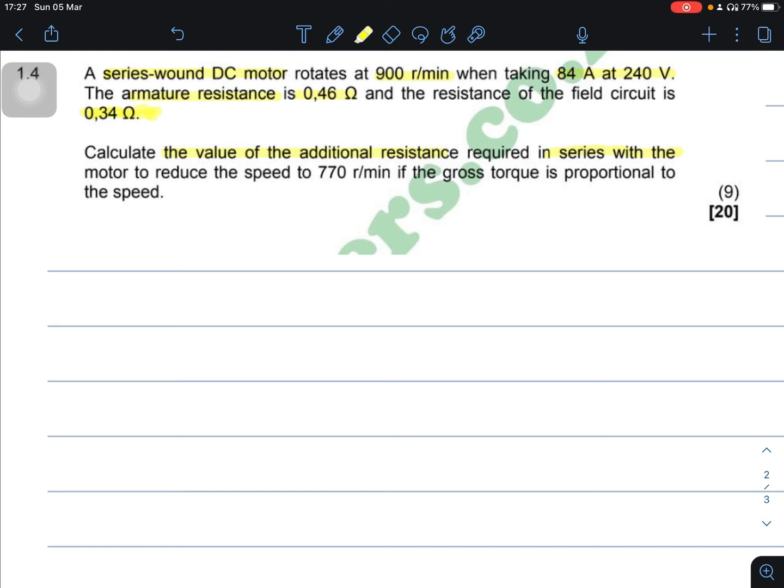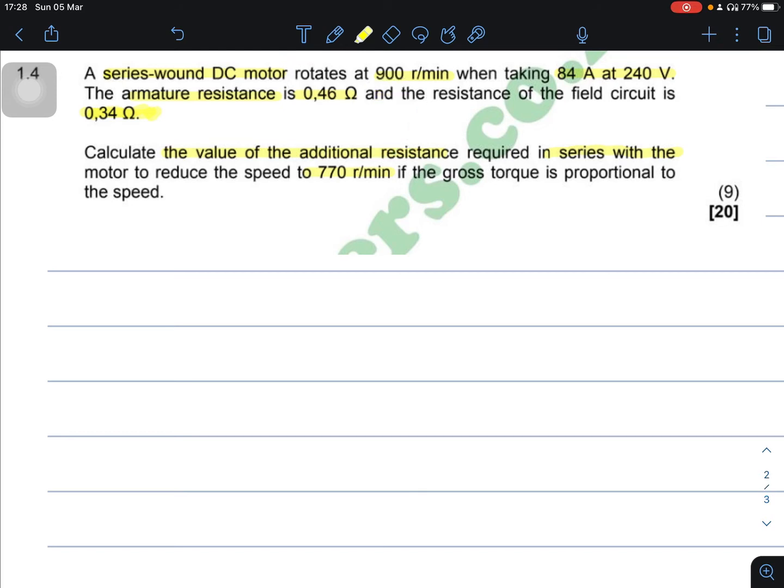Remember the circuits that I drew for you in the first video, Electrotechnics N6. I've said that if you want to reduce the speed of a DC motor, you connect a resistor in series with the armature, which is what they did in this case, and the speed was reduced to 770 revs per minute.